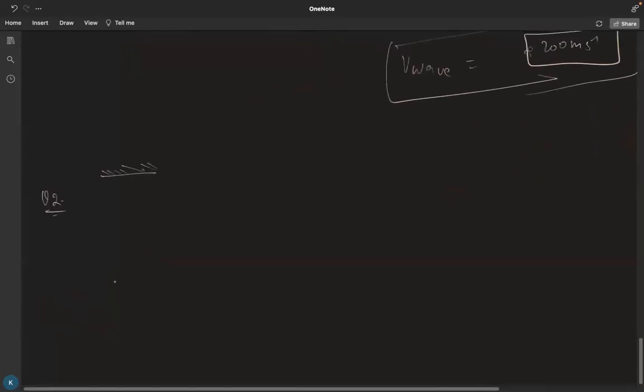Let's take this string here again, and this time the length is 10 meter, and we have a mass of 5 kg held. And the mass of the string is given, which is 5 gram.